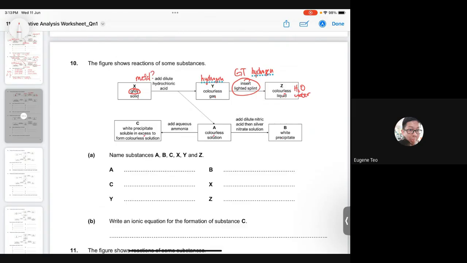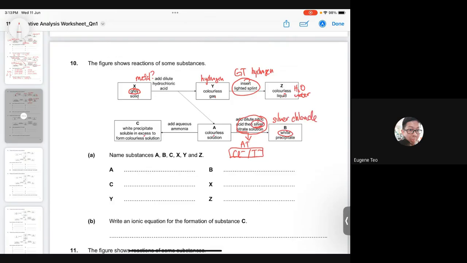Next, let's look at A. A reacts with dilute nitric acid and then silver nitrate. If I look at silver nitrate here, I know it's an anion test. It could either be chloride or iodide. So I'm testing for chloride or iodide. How do I know what is present? It depends. You have to see the color of the precipitate. So if I get a white precipitate, I know B would be silver chloride.